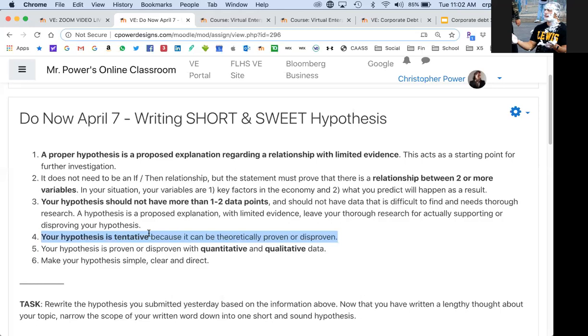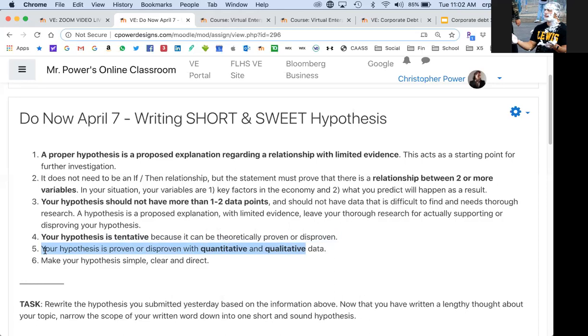I gave you an argument and I was dead wrong. My thesis is tentative in the fact that it can change. It can be proven or disproven with quantitative and qualitative data. So this is what you need: qualitative and quantitative data.